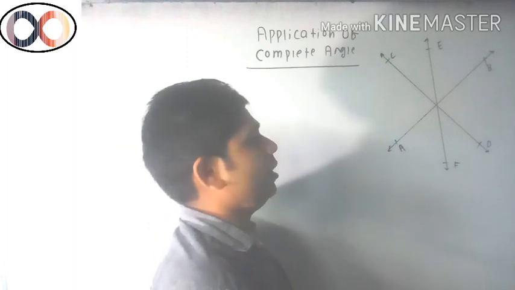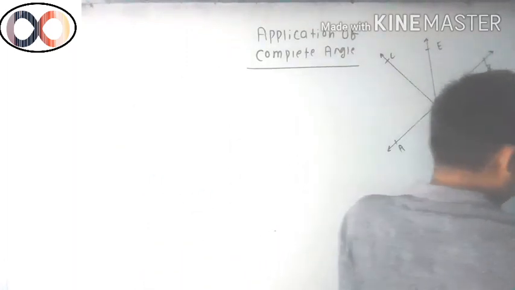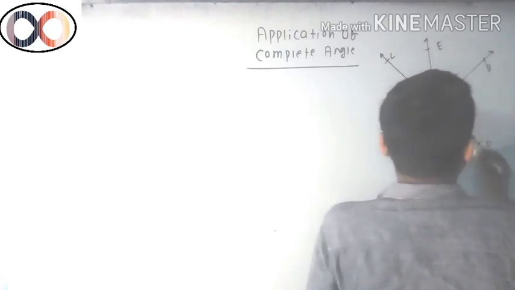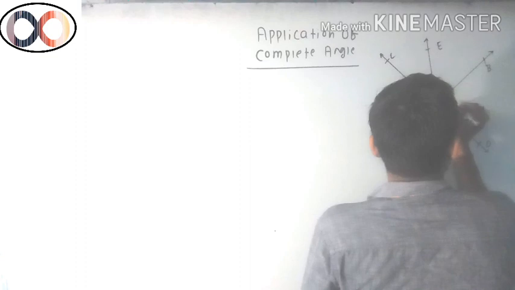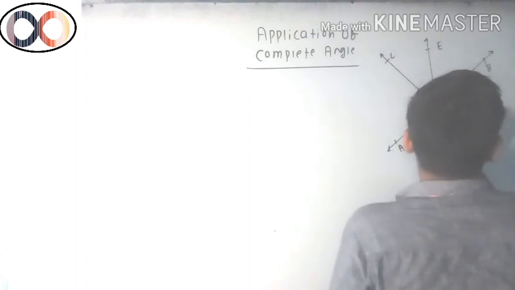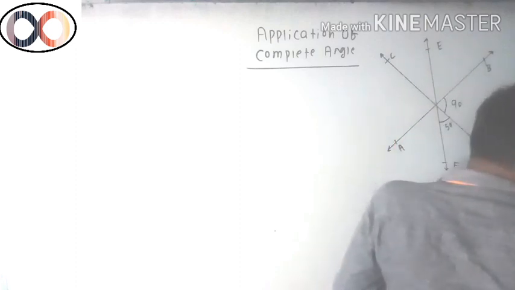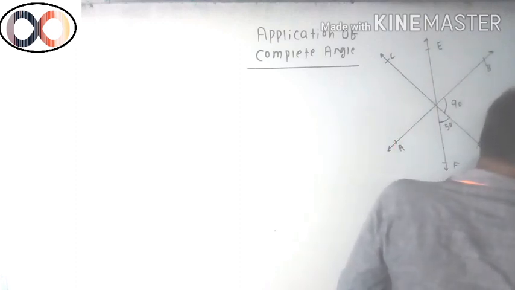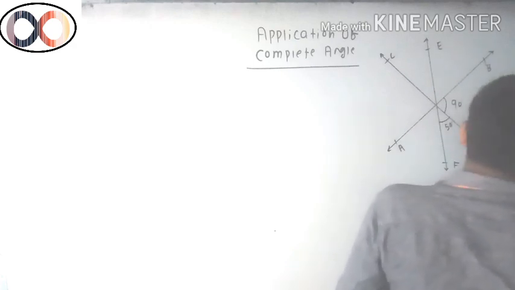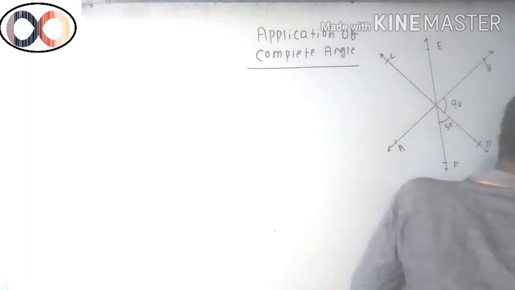The value of this angle is 90 degrees, this is 50 degrees, this is 50 degrees, and this is x.